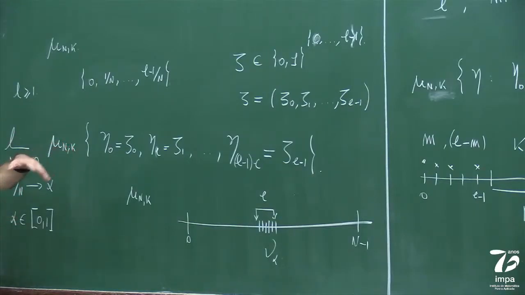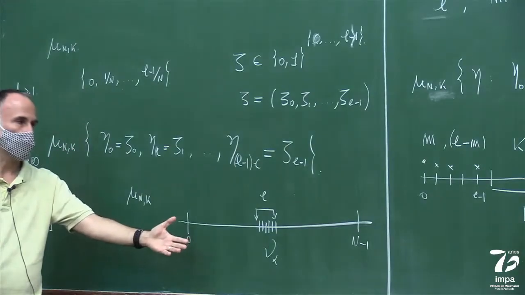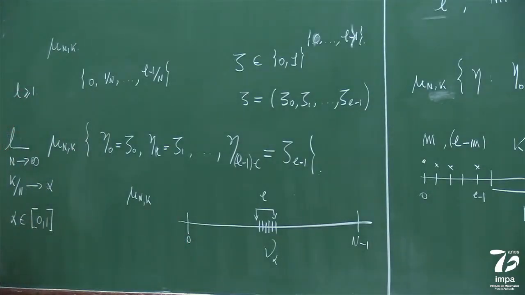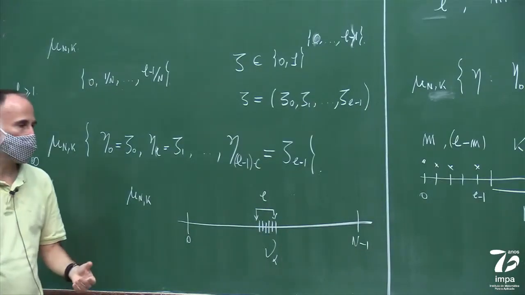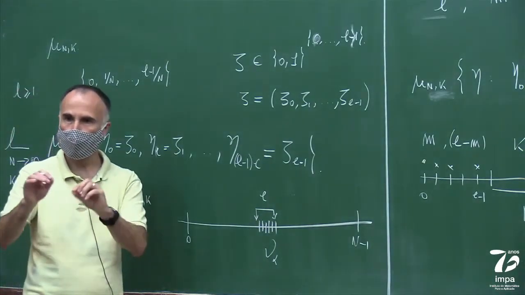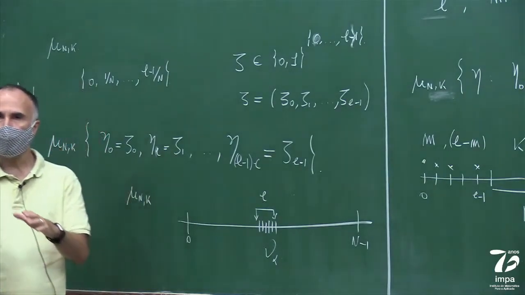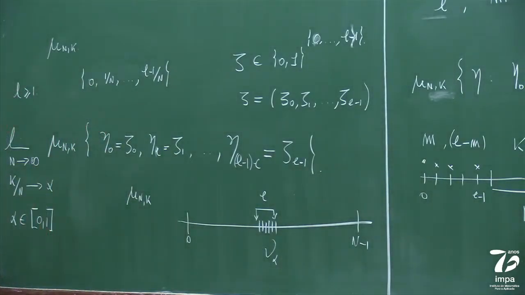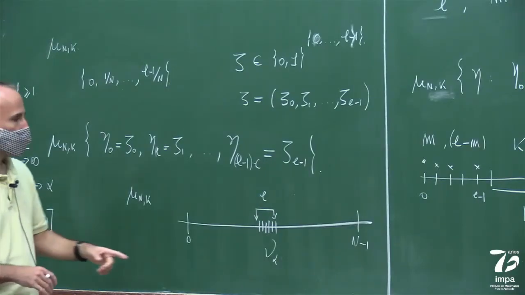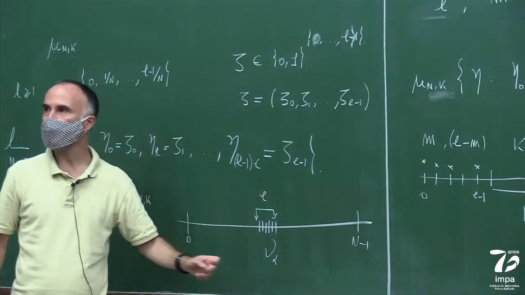So that's the computation, and this is the interpretation of the computation, which means that if n is large, the distribution of particles in these sites are independent, and they have Bernoulli product distribution. All right? Now I claim that these measures are also invariant.